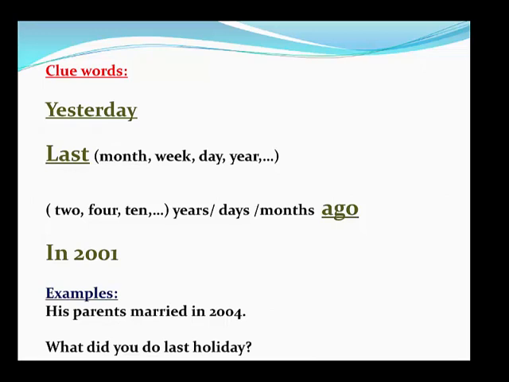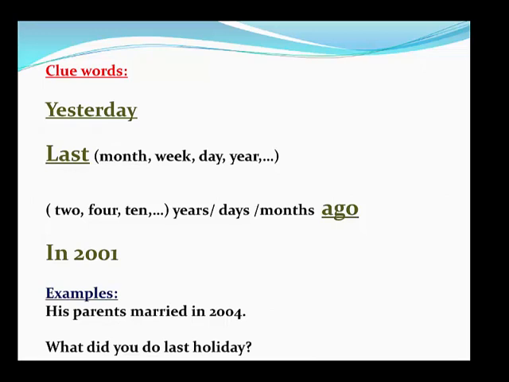It helps us to put the verb in the right form. What did you do last holiday? So the first verb is in the simple past, but the second I write it as it is. What did you do last holiday?